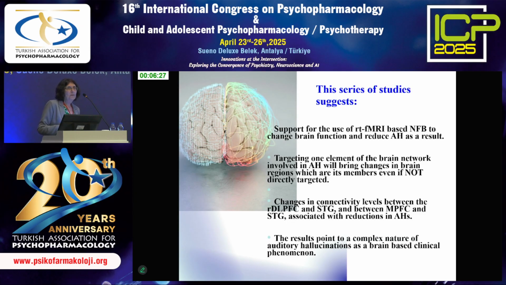So indeed, when people do neurofeedback, and even if they focus on just one brain region, it doesn't appear the case that this is one region which is being affected. It really is the entire network which is changed. Also, we have noted specific associations between reductions in auditory hallucinations and reductions in connectivity.